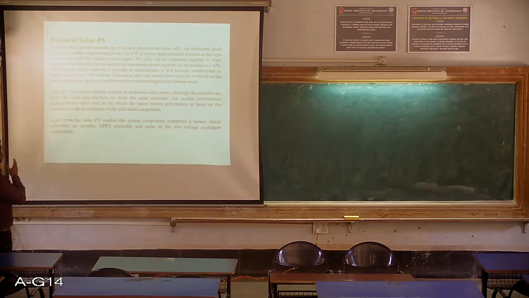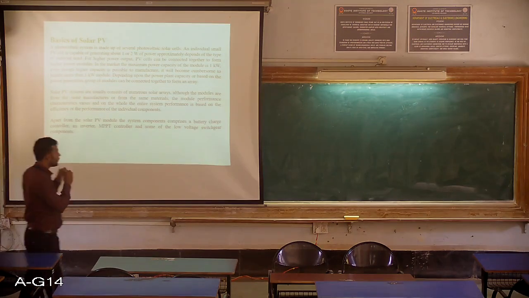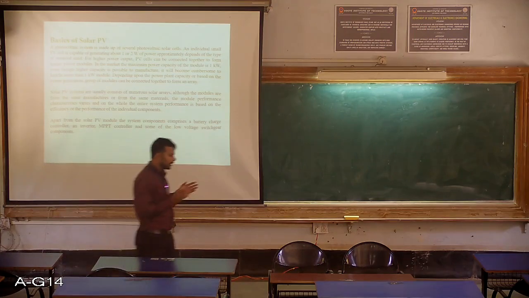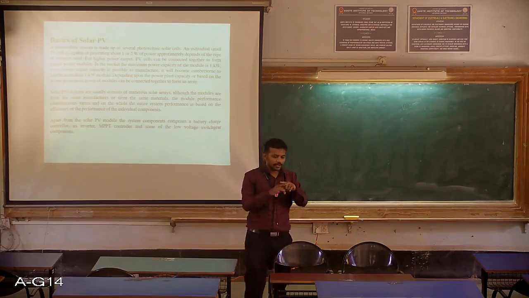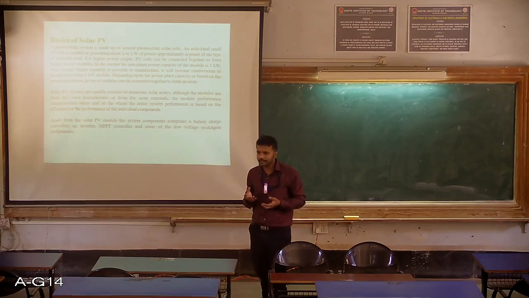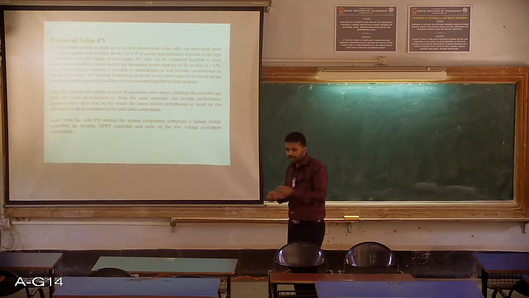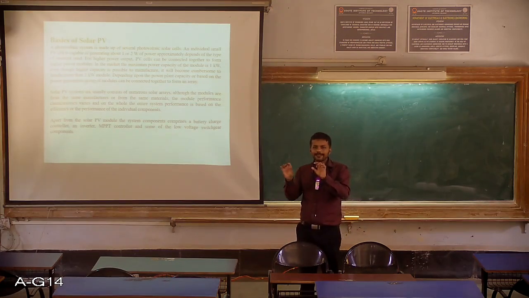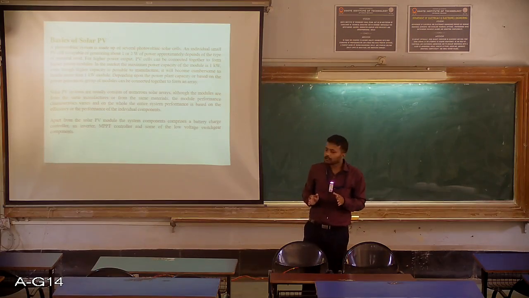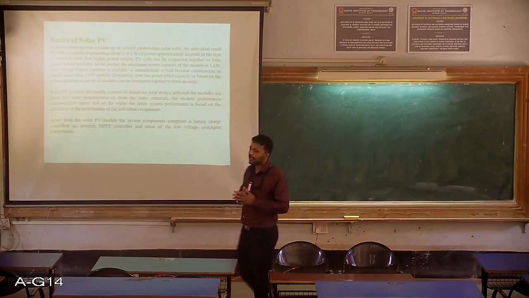Higher power output PV cells can be connected together to form higher power modules. If we need to generate 10 watts, 20 watts, 100 watts, 1 kilowatt, 100 kilowatts or megawatts of power, we connect these cells in series and parallel connection so that we can generate higher power.